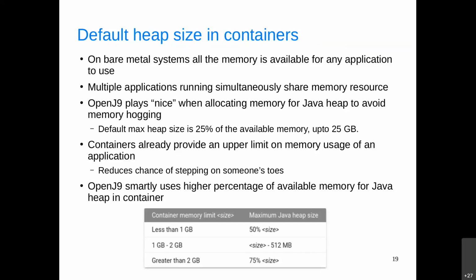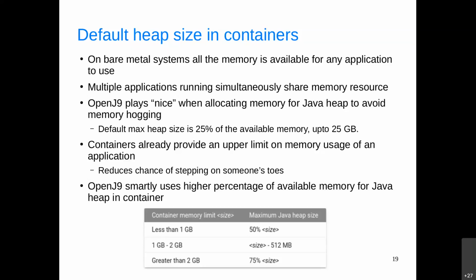So you can see in this table, the table on this slide shows you the relationship between the heap size that OpenJ9 uses and the container memory limit. And it is pretty evident that the ratio of the heap size to container limit is much more than the ratio when we are running in non-container systems.